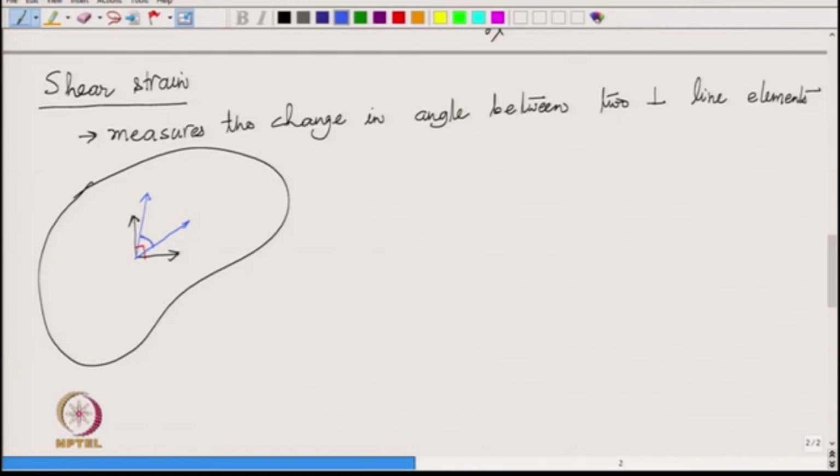So, what is the change in angle? If this is, let us say, beta, then the change in angle is 90 minus beta. So, if we say alpha equal to 90 minus beta, that is the shear strain, the change in angle.